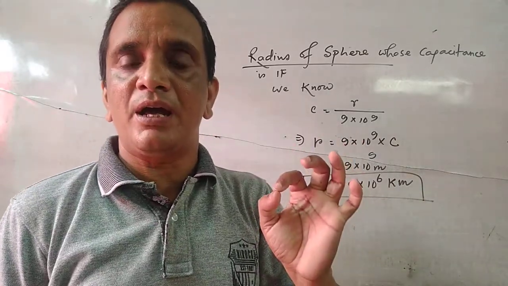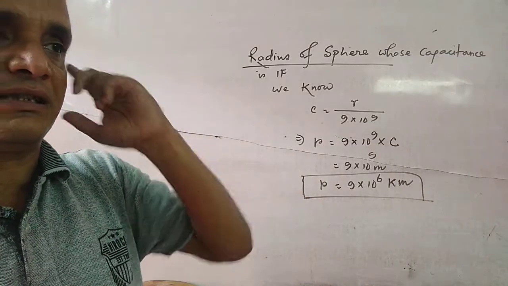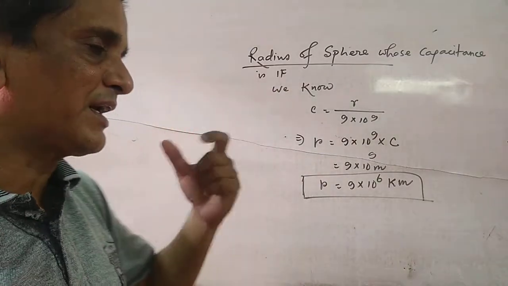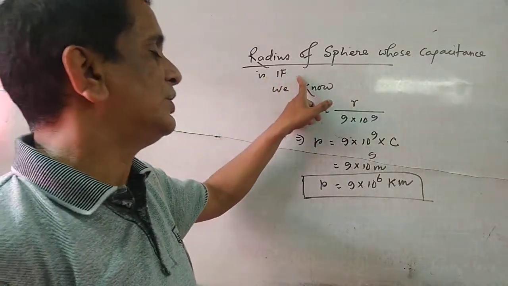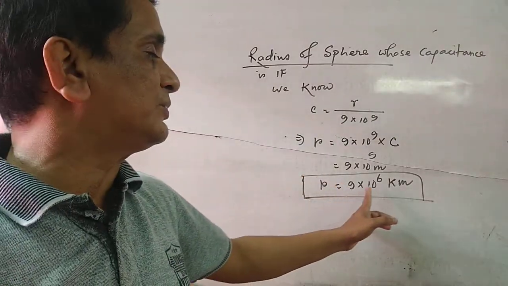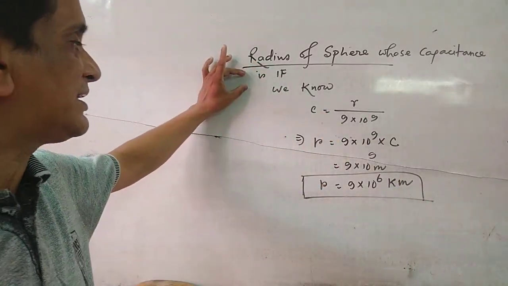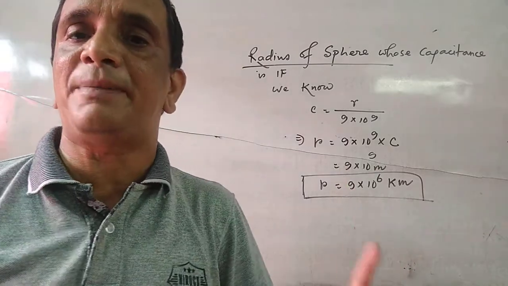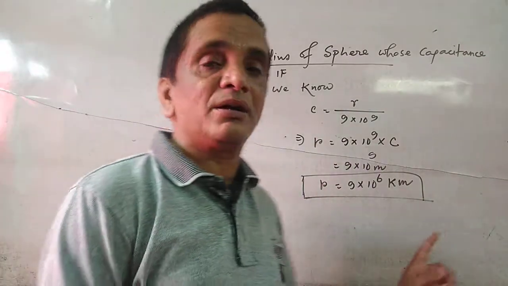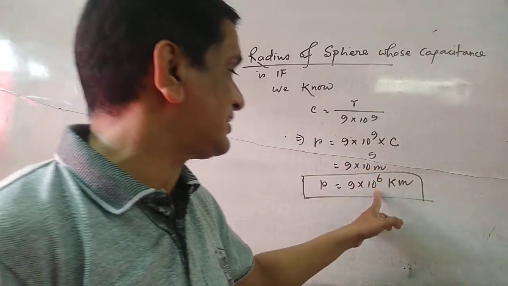So if we want to make an isolated spherical capacitor of 1 farad, we need a sphere of radius how much? 9 × 10^6 kilometer. Is it clear?